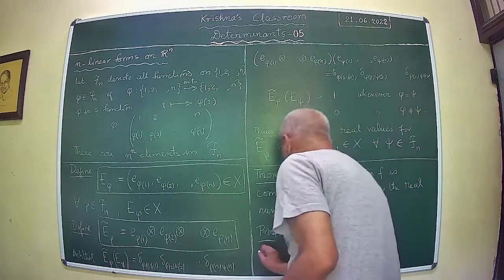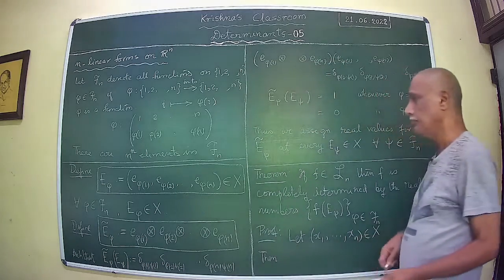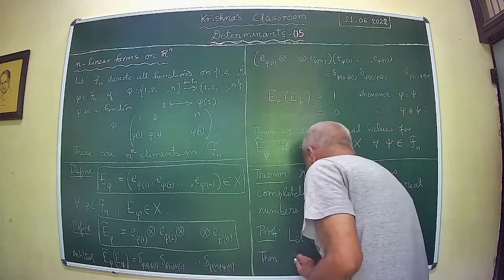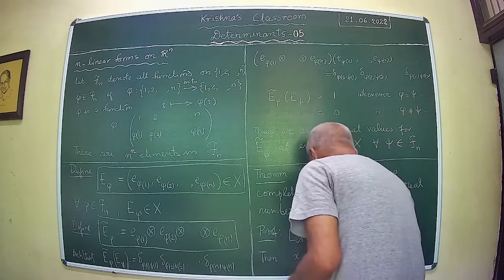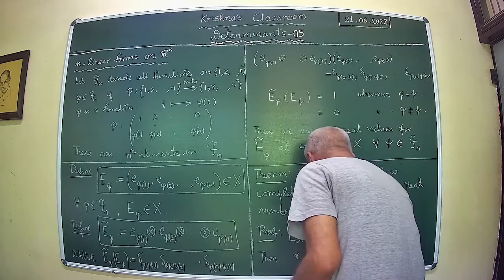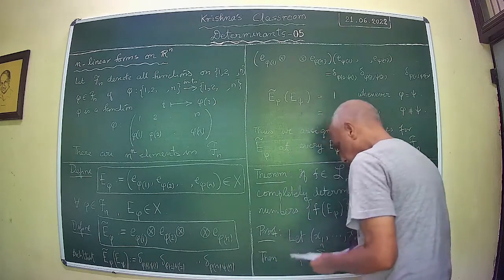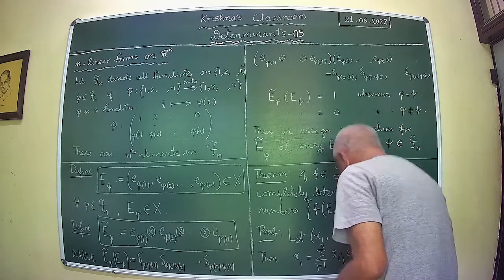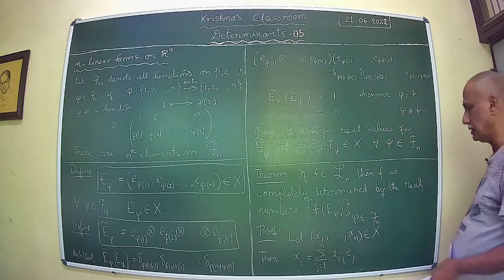Then you know that each xi is a member of Rn, therefore xi is uniquely represented as sigma j equal to 1 to n, xij ej, because E1, E2, etc., En forms a basis for Rn.